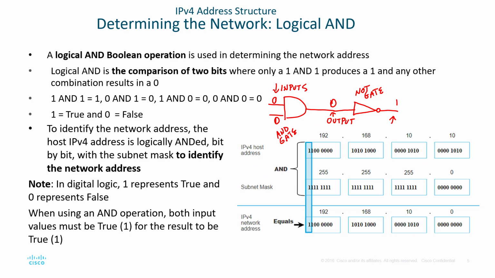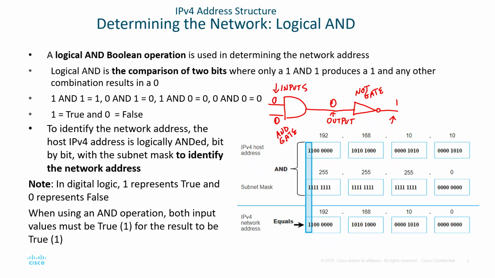In ANDing, the first thing you do is take the decimal representation and convert it into binary for the IPv4 host address as well as the subnet mask. Once you do that, treat this like a mathematical example.